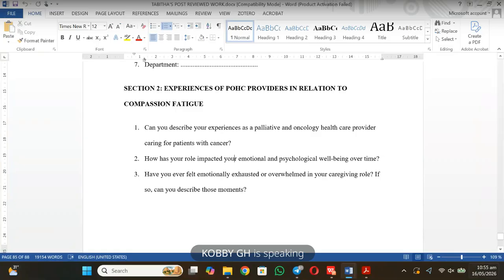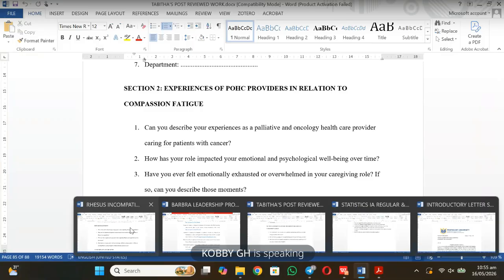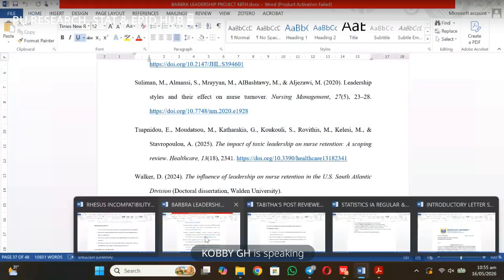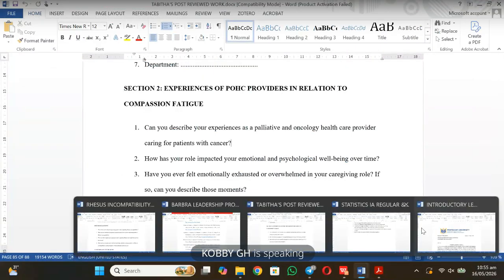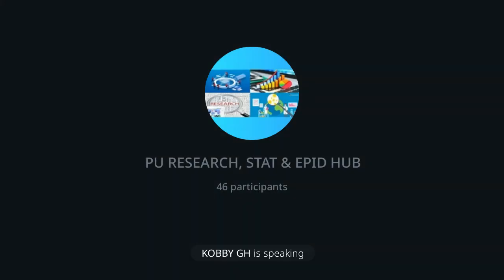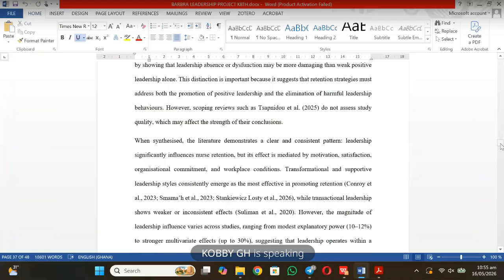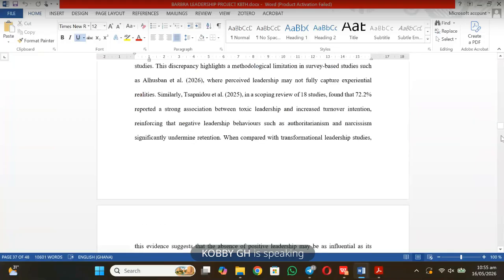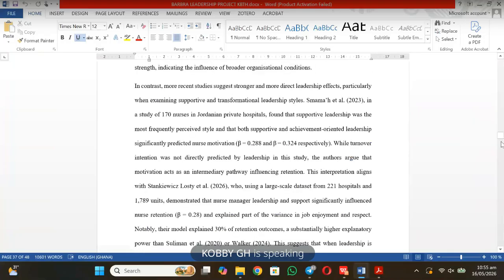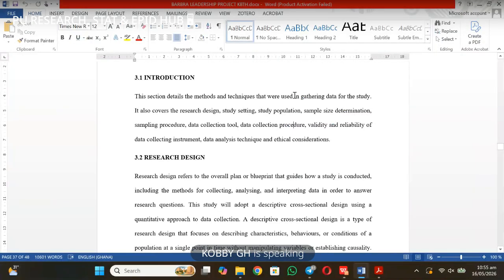So let me take you through quickly the format that you use when you are writing your design: how to describe research design in proposal or actual project work.